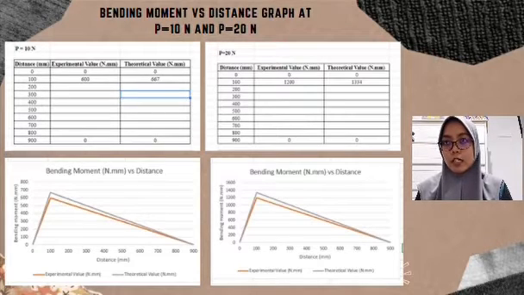Based on this graph, we can see that the vertical axis is bending moment, and the horizontal axis is distance. So when the distance is 0 millimeter, the bending moment is also 0 Newton millimeter.